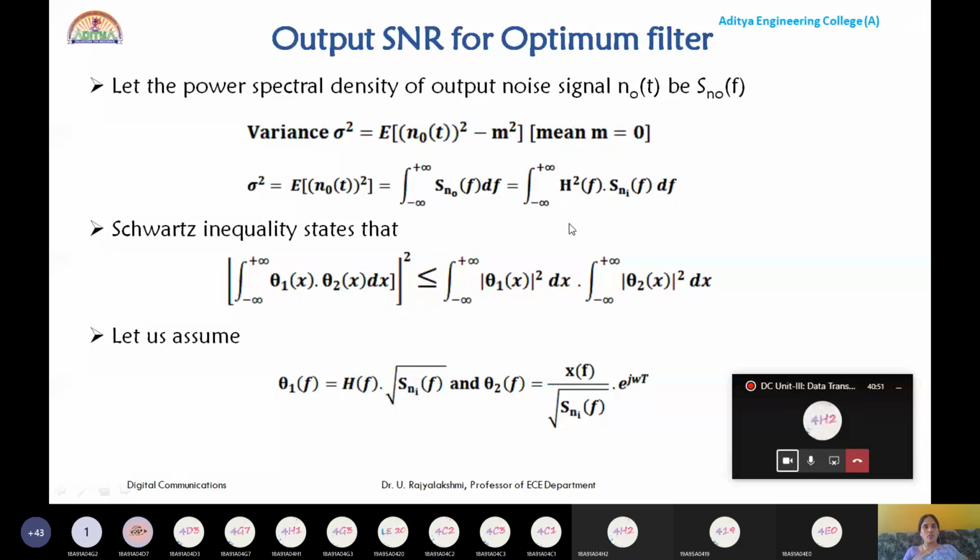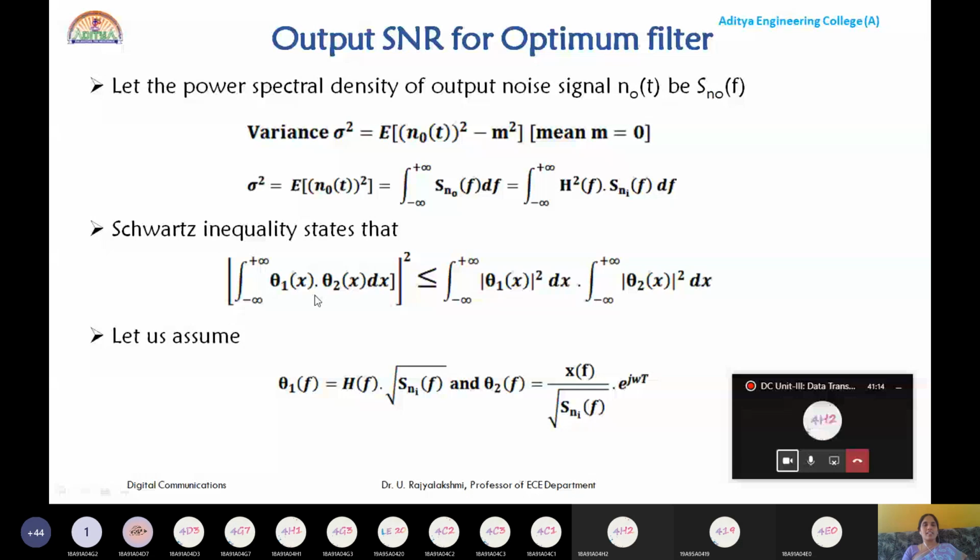So x naught of t by sigma whole square, that we considered as rho. What is rho? That is the variable which represents the square of output SNR. Now make use of this expression, you can evaluate, and prior to that please assume the values of corresponding signals.